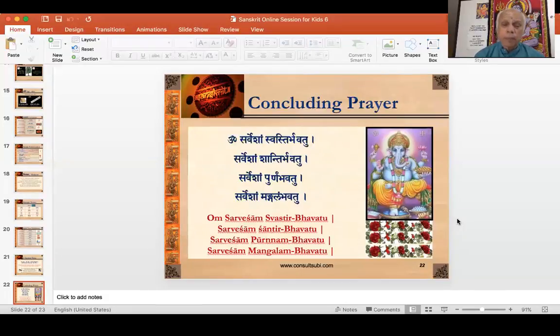Sarvesham mangalam bhavatu. Mangalam means auspicious. Not only to be happy and healthy and peaceful and complete, let also everybody be auspicious. Wishing well for others. Not having hate in mind, but love. That becomes auspiciousness.